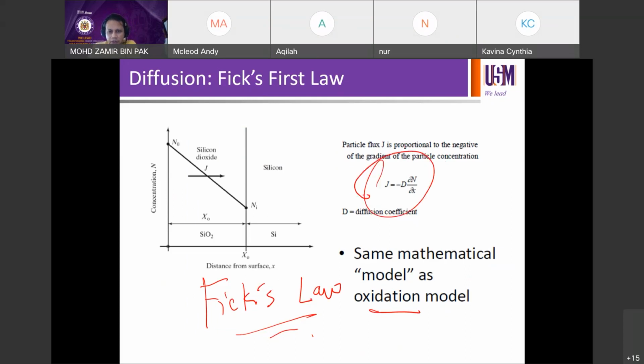So J equals negative D dn/dx, where n is your concentration and D is the diffusion coefficient of the dopant, in this case phosphorus, boron, arsenic, antimony. Diffusion coefficient or diffusivity, same thing.